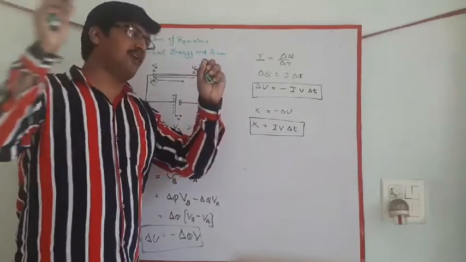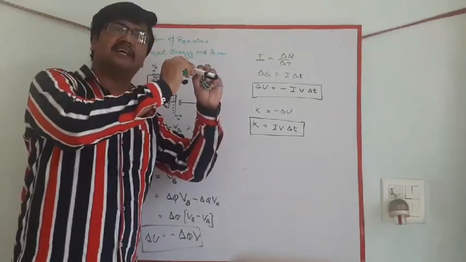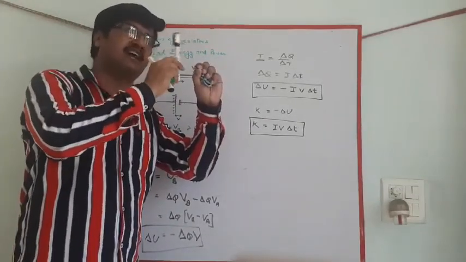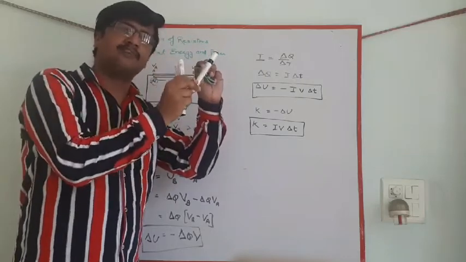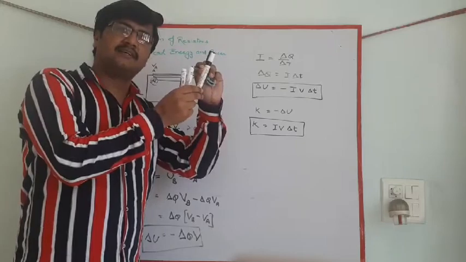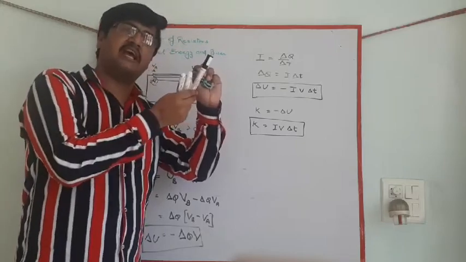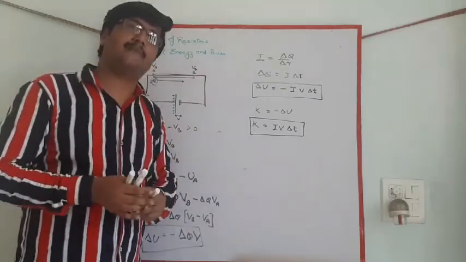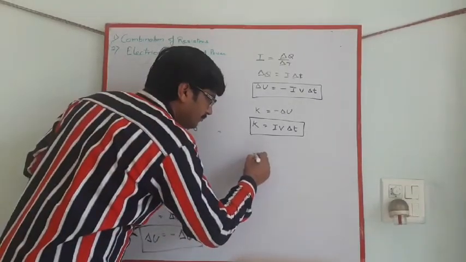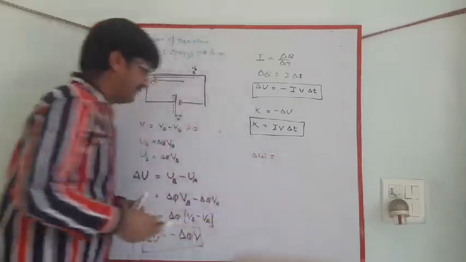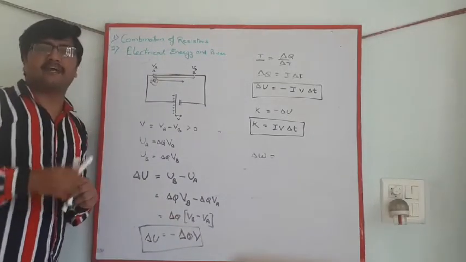Electrons coming and colliding with the immobile ions, it is an elastic collision. It will transfer the whole of its kinetic energy to immobile ions and become at rest. And when it becomes at rest, that means it has lost its kinetic energy, and the loss in kinetic energy will appear in the form of work done.